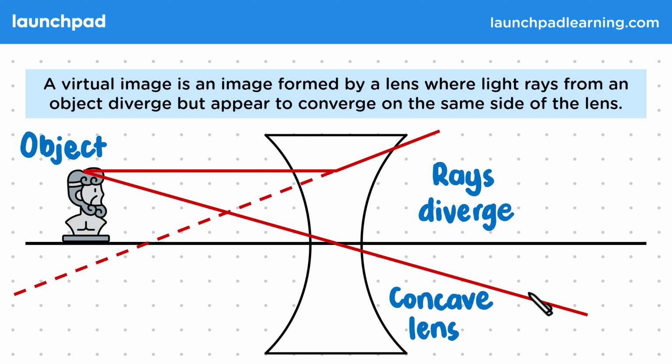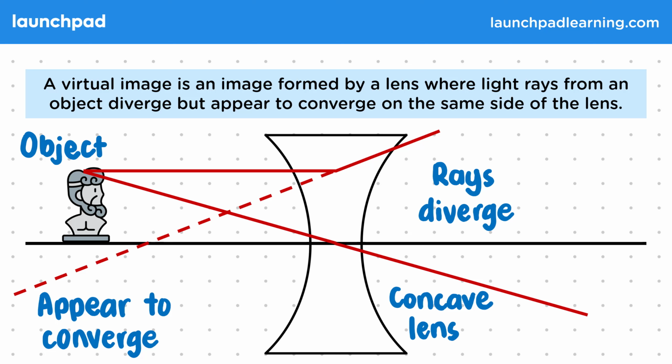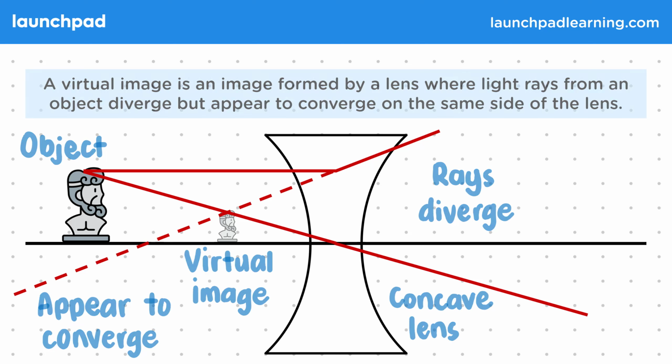As we can see, there are two lines crossing here. This means that the rays appear to converge here, which forms an image. As the rays aren't actually converging, and the object and the image are on the same side of the lens, this is a virtual image. But is this also an inverted image, or something else?